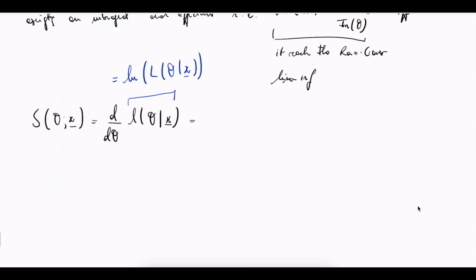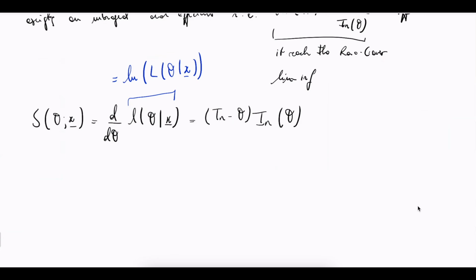So if and only if you can write this score function basically as a multiple of the Fisher information.